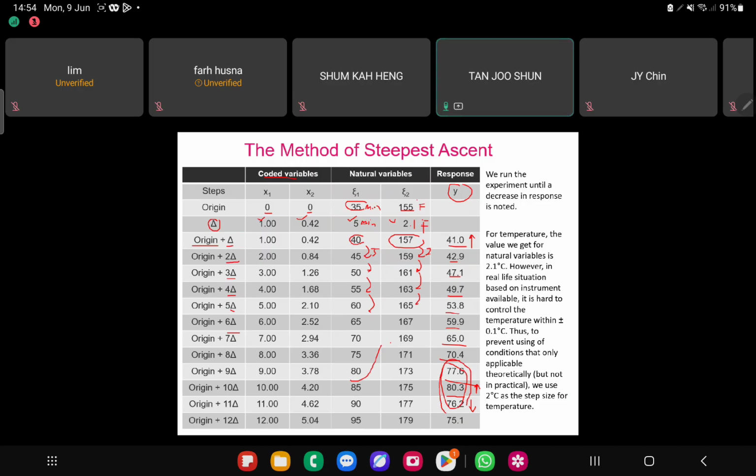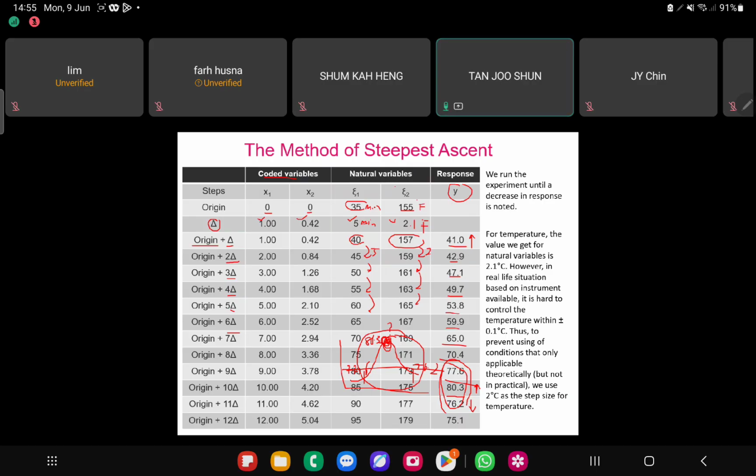You will get a curvature graph here, because here the highest is, let's say, 80, here is 77.6, here is 76.2. Now I know that I already achieved a curvature here. So from here, I just need to find where the optimum point is.